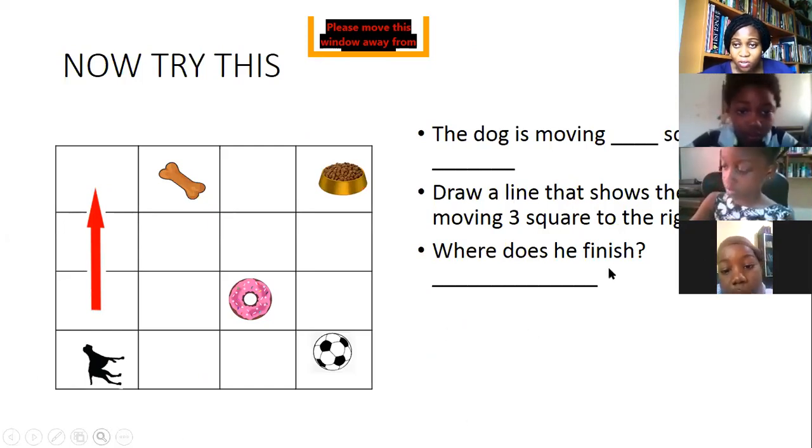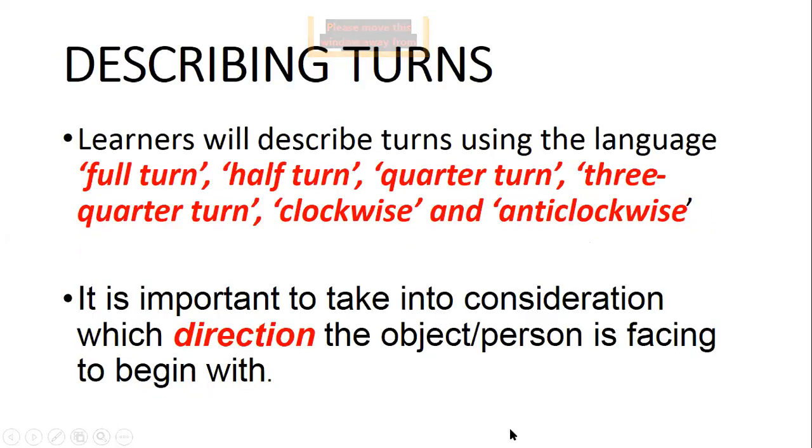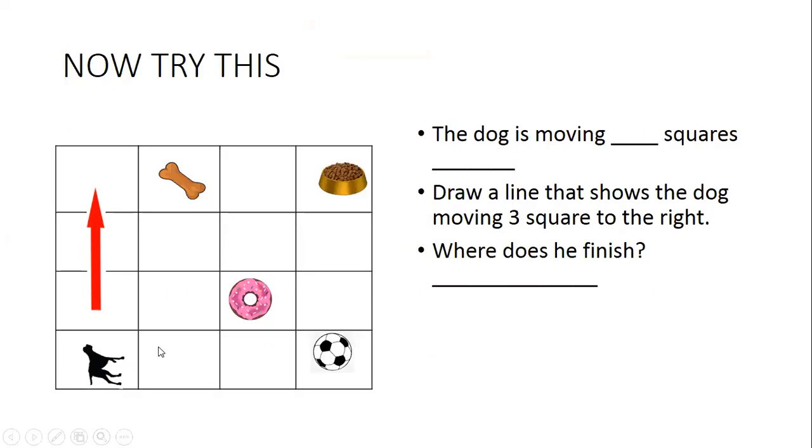Where does the dog finish? If you draw the line from here, 3 squares, 1 square, 2 square, and 3 square, automatically the dog will finish where the football is.